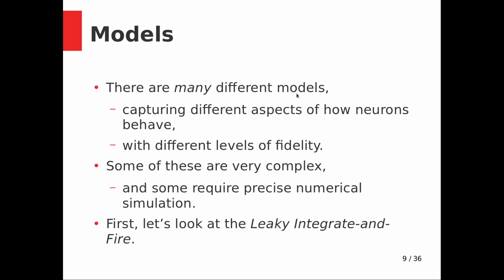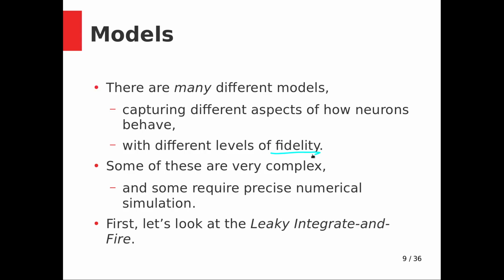So there are a lot of different models. Capital R real, capital N neuroscience has produced a plethora of models with very different levels of fidelity, that capture very different parts of what a real neuron does, and that have very different requirements. Some of them can require very sophisticated simulation to capture all of the time dynamics correctly.